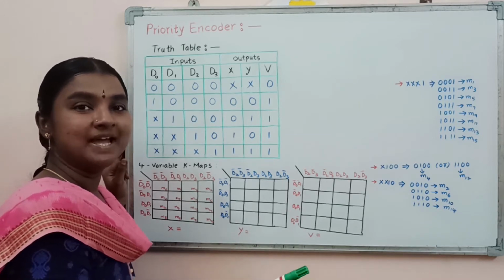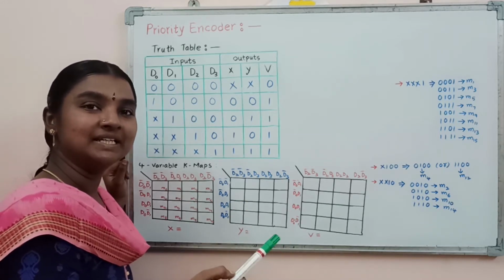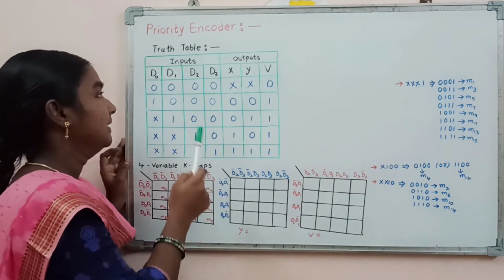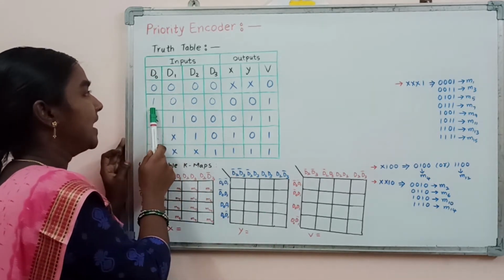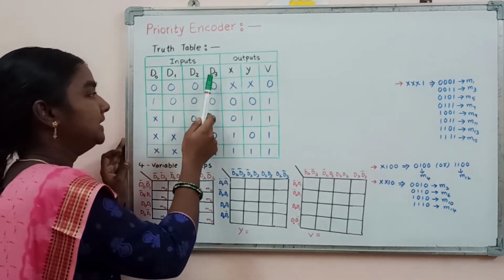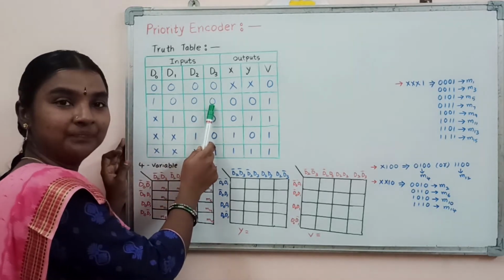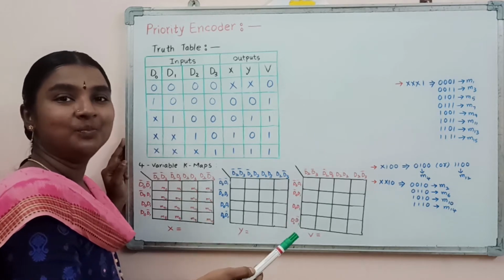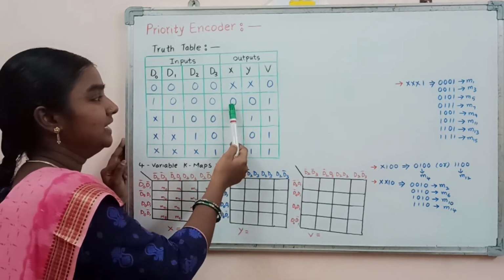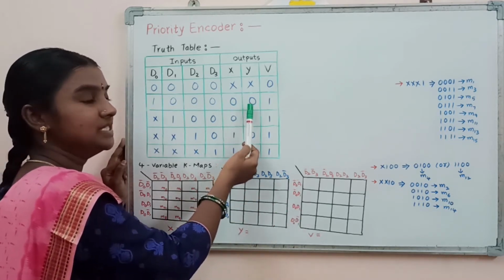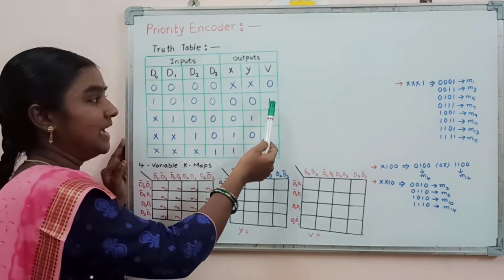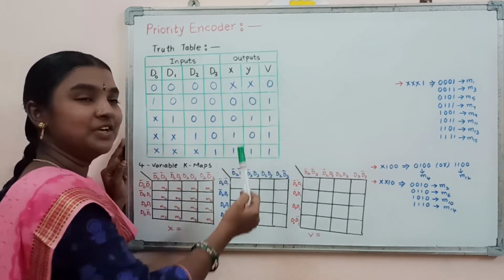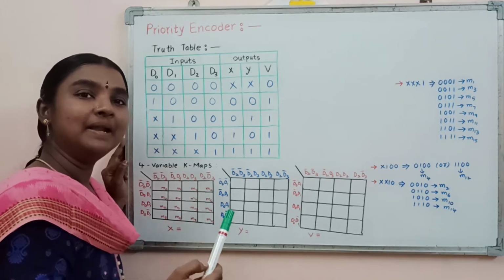Now we will consider the second combination, D0 equal to 1 and D1, D2, D3 equal to 0. That means the D0 binary code we may get at the output side. Here the D0 binary code is 0, 0 and the V output is going to be 1.